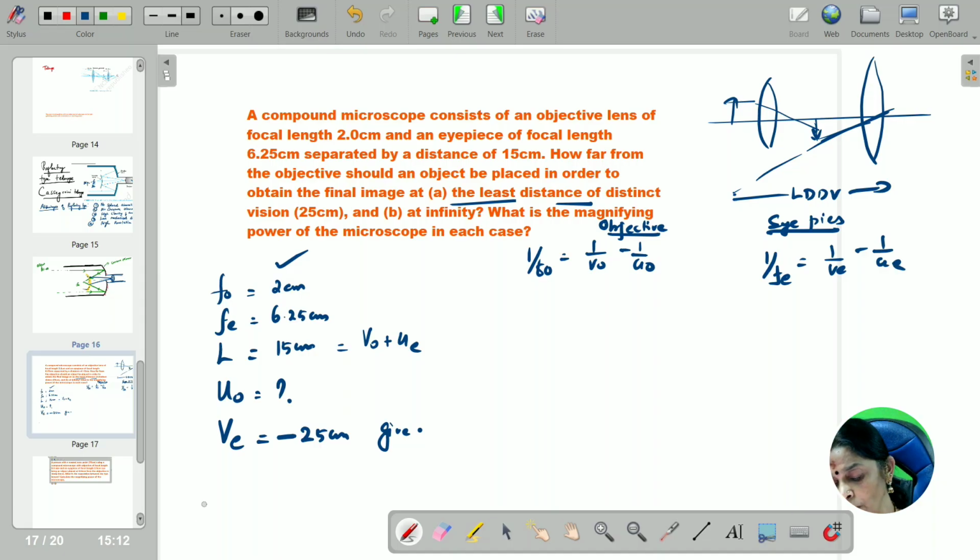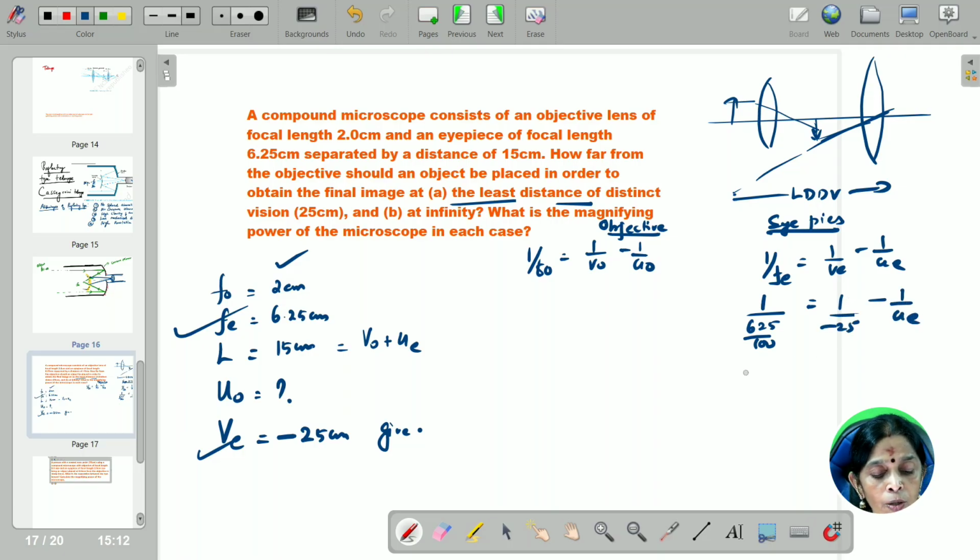FE you know, VE you know, therefore UE you can find out. So 1 by 6.25 centimeter, that is 100 by 625, equals 1 by minus 25 centimeter, minus 1 by UE. Therefore, 100 by 625 plus 1 by 25 is equal to minus 1 by UE.